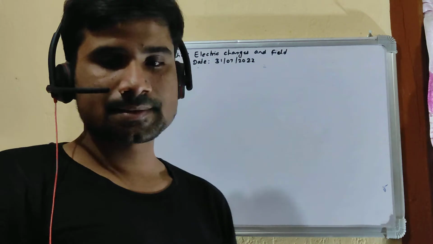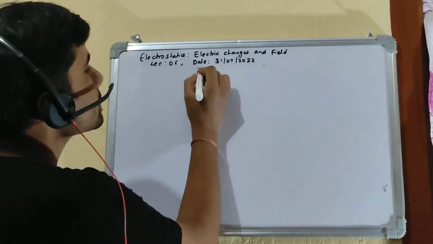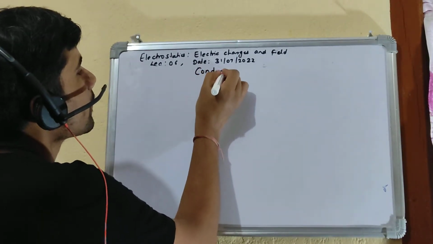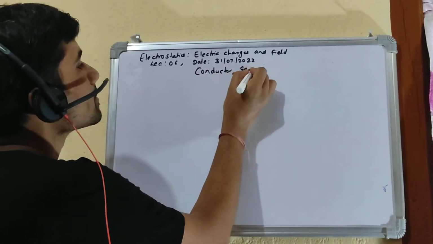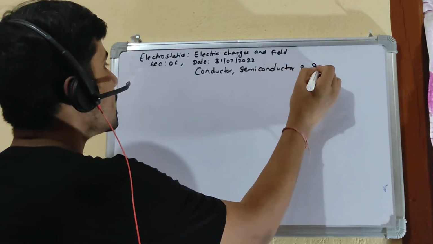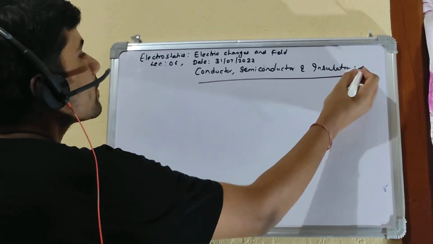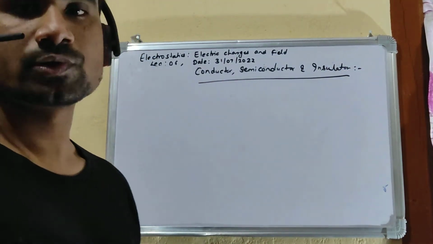Now the next topic, which is probably the last topic in this chapter called electric charges and fields, is conductor, semiconductor and insulator, right? You might have come across these terms in your junior classes as well.